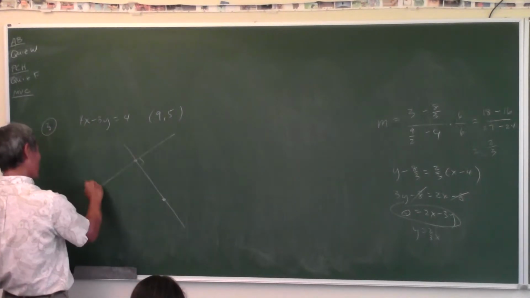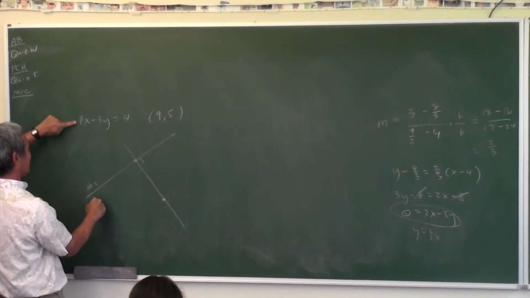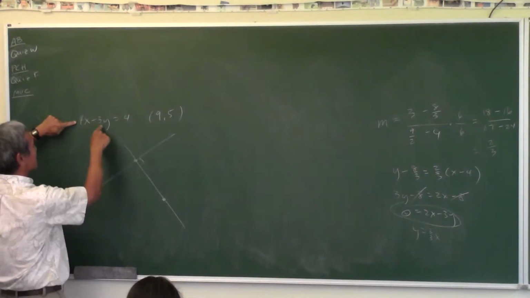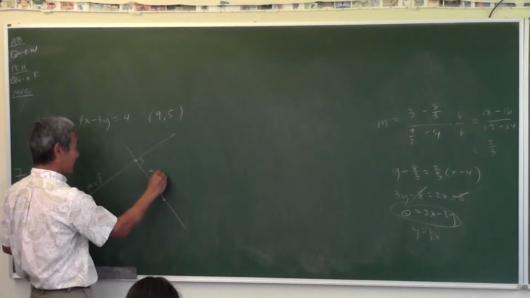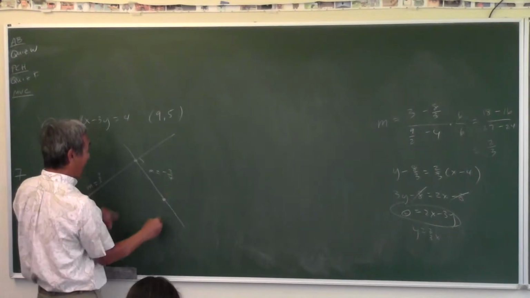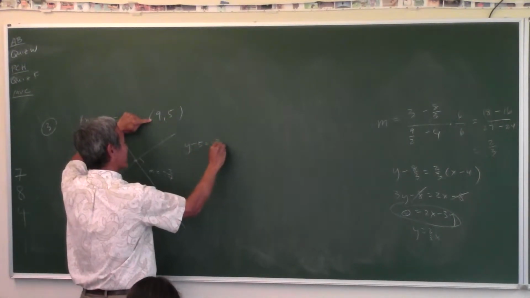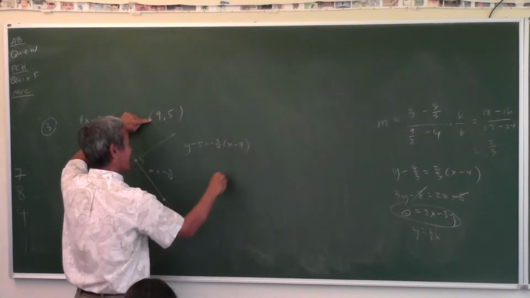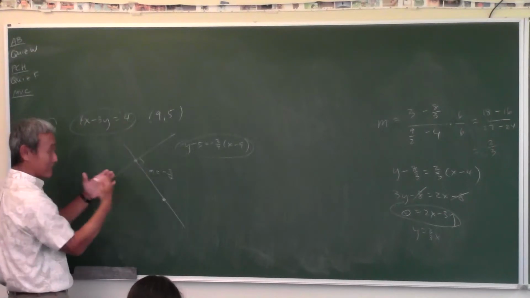So, what's the slope of this line right here, just by looking at it? 4/3, or solve for y, whatever you have to do, 4/3. Therefore, the perpendicular slope would be -3/4. And it has to pass through this point, so y minus 5 is equal to -3/4 times (x minus 9). So you have to find where this line and this line intersect.